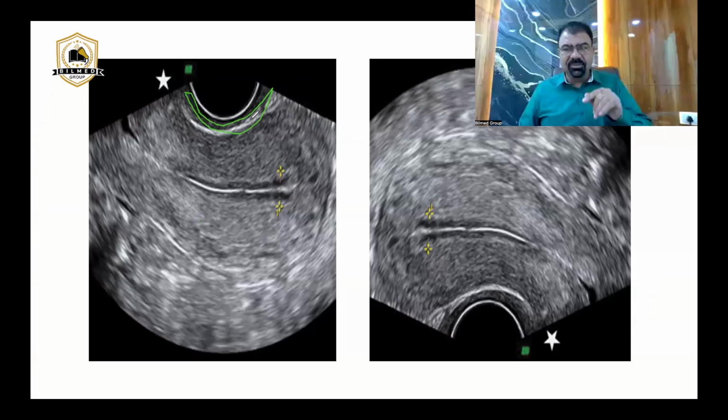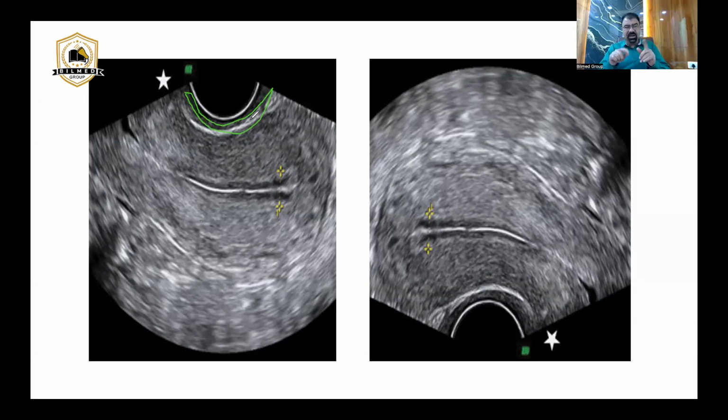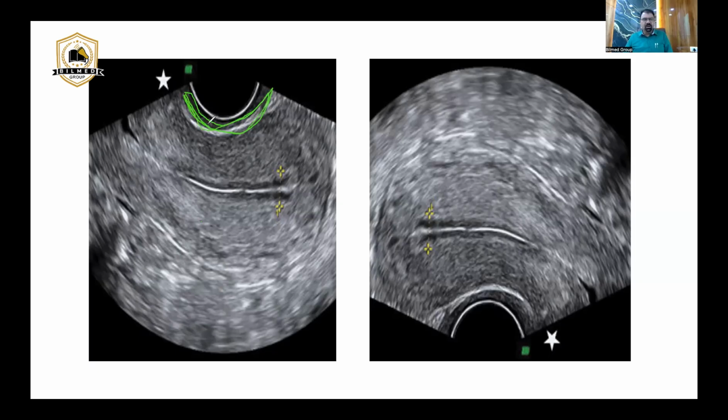You have not pressed the invert button of the machine, so automatically the footprint will be on the top. But with 180-degree rotation, or when you press the knob, the picture will get inverted. See, the footprint will go over there.